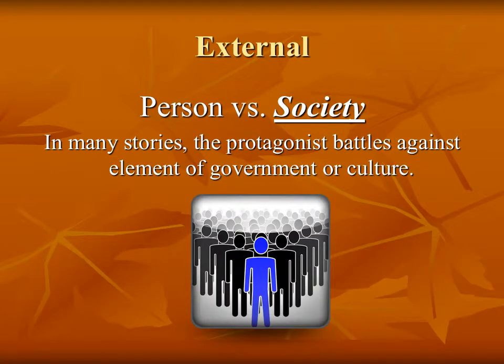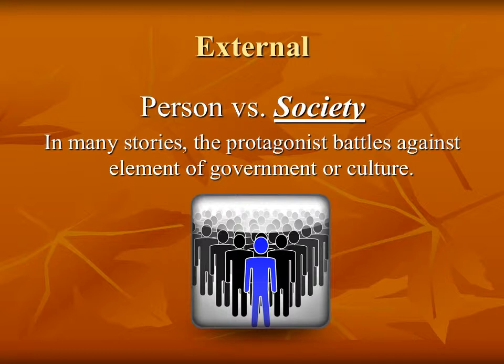The third category of external conflict is person versus society. Now, in many stories, the protagonist battles against an unfair or unjust culture. The classic example to be used for this would be a film such as V for Vendetta, where one character is fighting for the greater good.